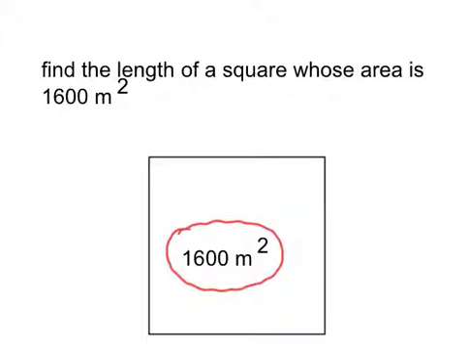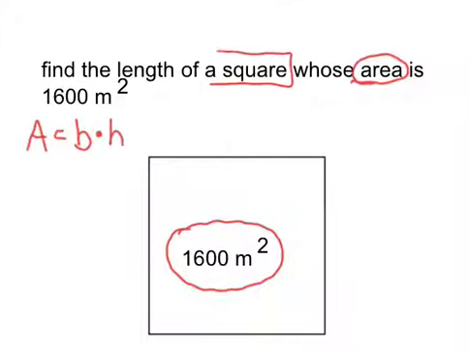Okay? So because it says area, my formula is A equals base times height. Because it's a square and my sides are the same, I'm going to use the same letter. Okay? Now I told you my area is 1,600.